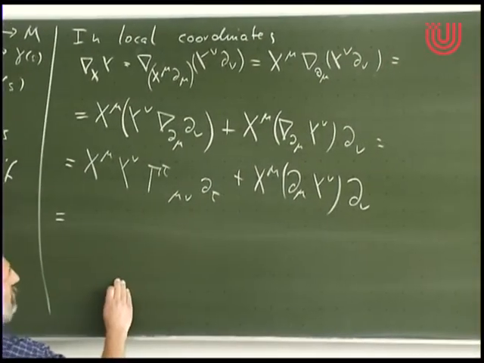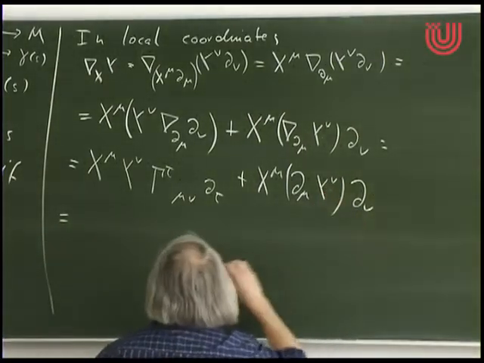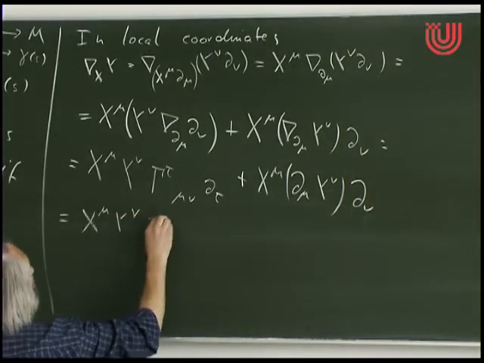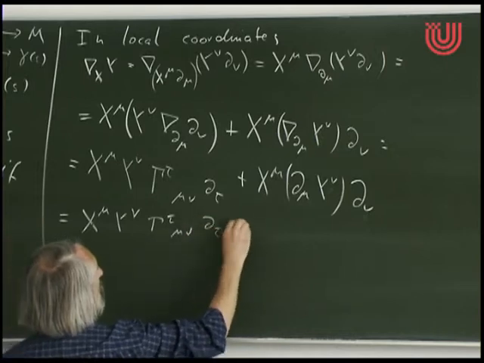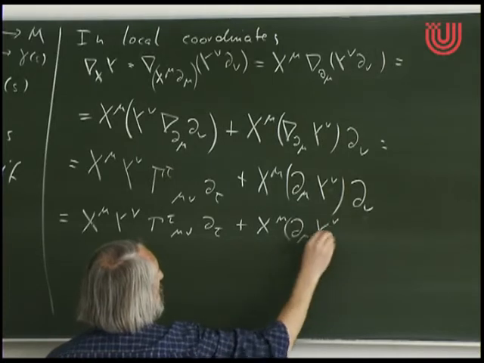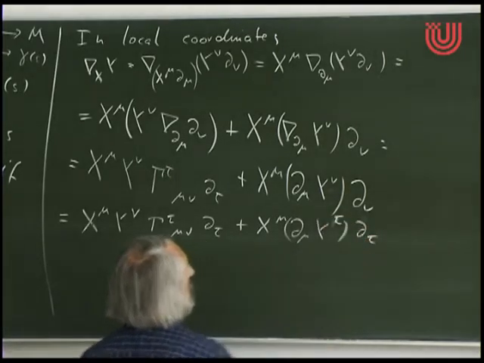So again, I should change the name of one index. Let's rename the ν into a τ. x^μ, y^ν, Γ^τ_μν, d_τ. x^μ, ∂_μ, y^ν. No, this I wanted to call τ.